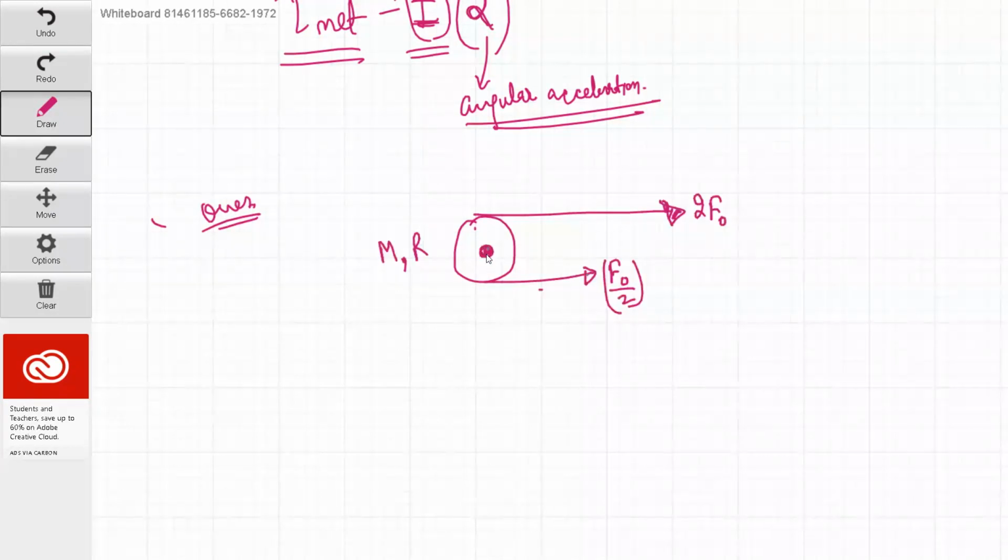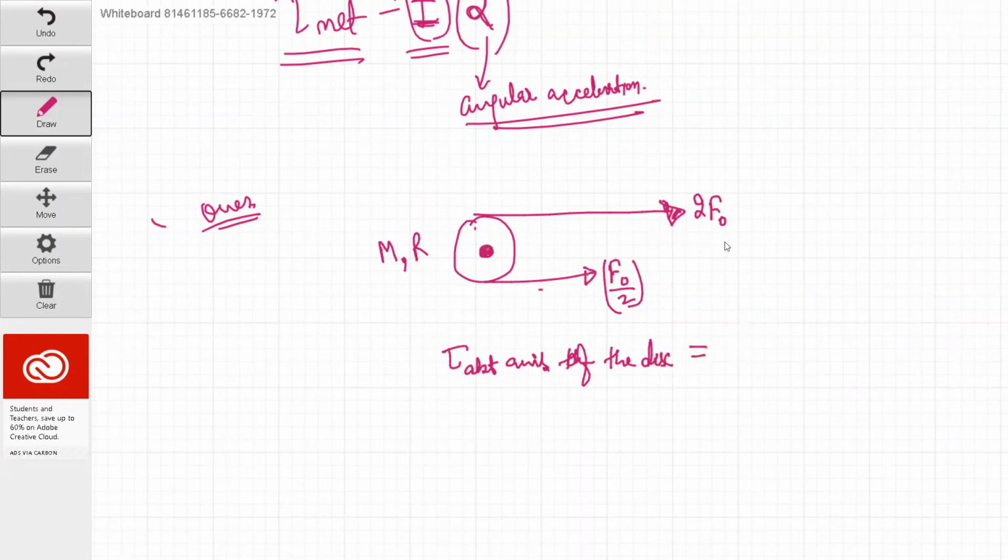So what is the torque about the axis of the disk? Torque about the axis of the disk will be equal to 2f naught into r. This is the torque of 2f naught, and the torque of f naught by 2 is equal to minus f naught by 2 into r.